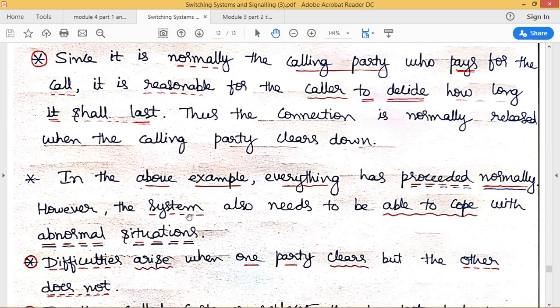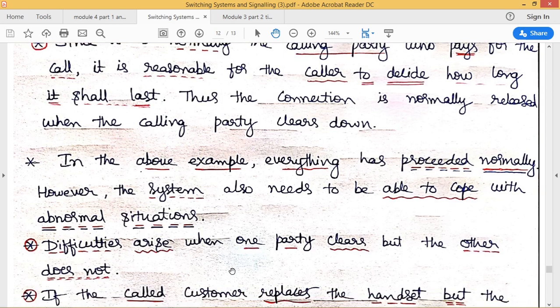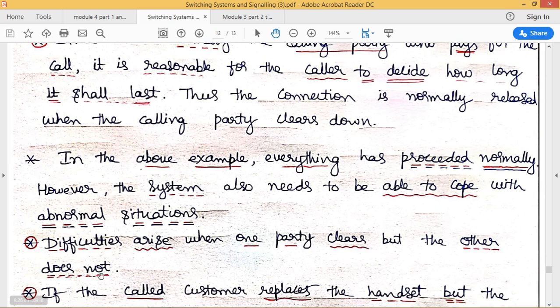However, the system, that is the exchange, must be able to cope with abnormal situations also. Let us discuss the difficulties that arise when one party clears but the other does not. We have the calling party and the called party.